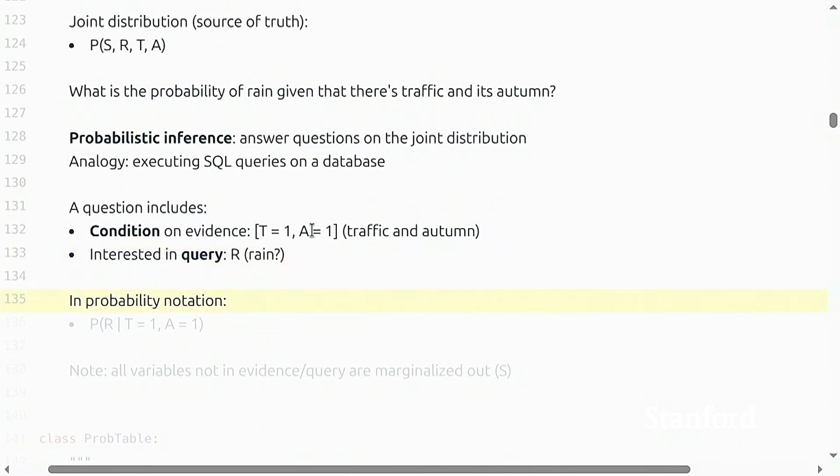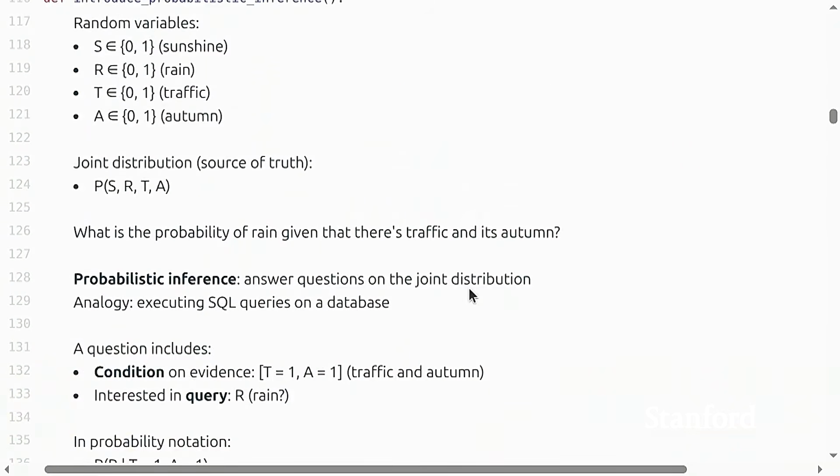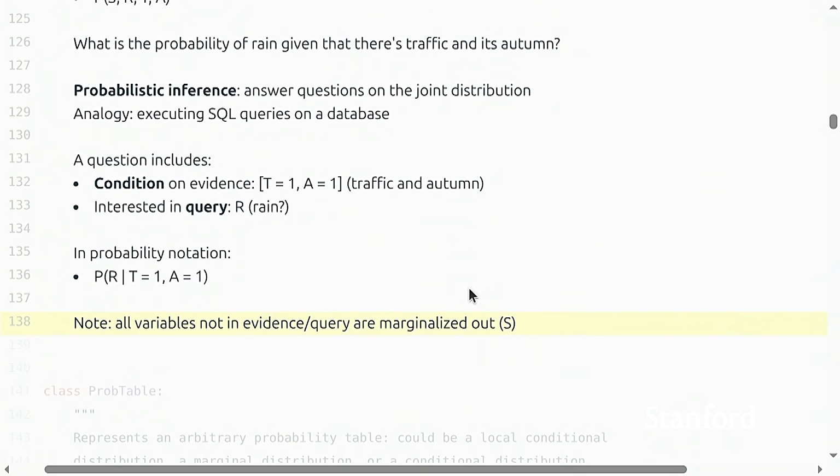So in probability notation, what we're asking for is the probability of rain given the evidence, T equals 1, A equals 1. And notice that not all the variables are mentioned. The variables that are not in either the evidence or the query are assumed to be marginalized out. For example, S here is sunshine. It's not mentioned, so I'm going to collapse assignments that don't have the same value of S.